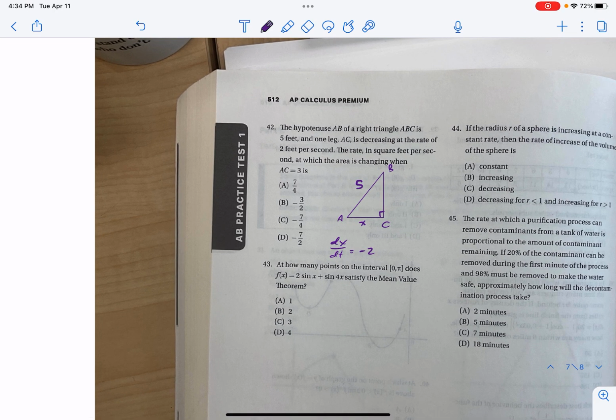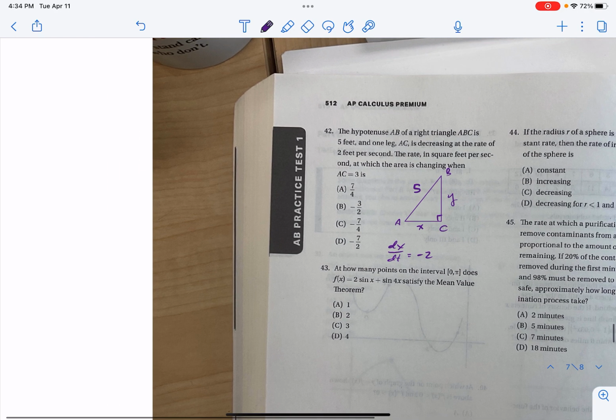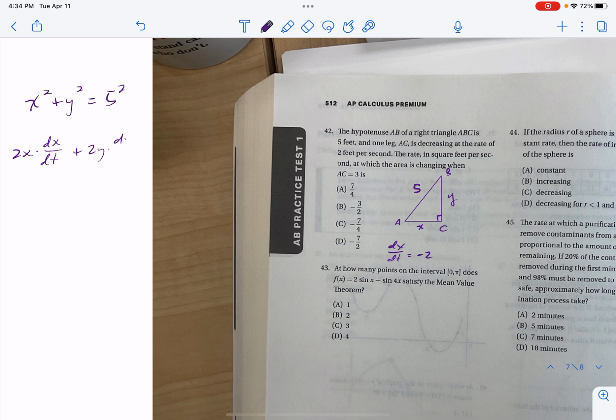So in order to find the area, I also need to know this. Right, so let's figure out how x and y are related. I know that x squared plus y squared is equal to 5 squared. If I take derivatives, I have 2 times x times dx/dt plus 2 times y times dy/dt equals 0. And we want to know what's happening when this is 3 and this is 5. Hopefully you remember that that'll be 4.